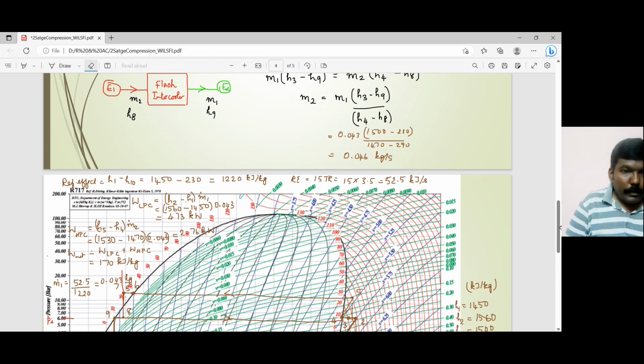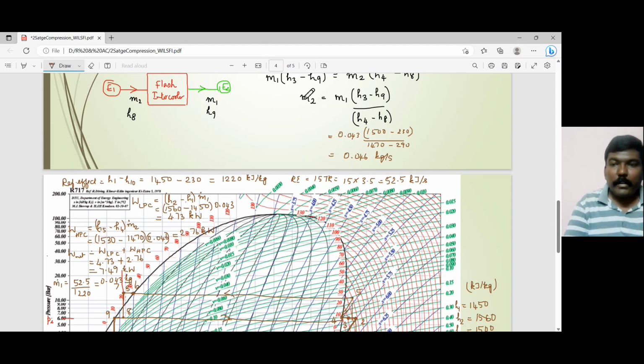So if we add, 4.73 plus 2.76 is 7.49 kilowatt. That is my W net.